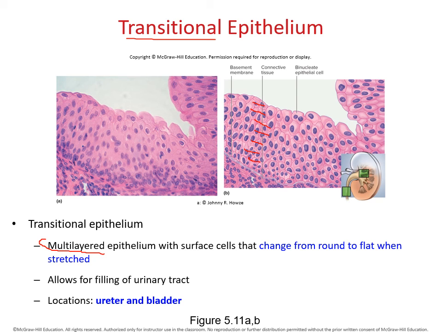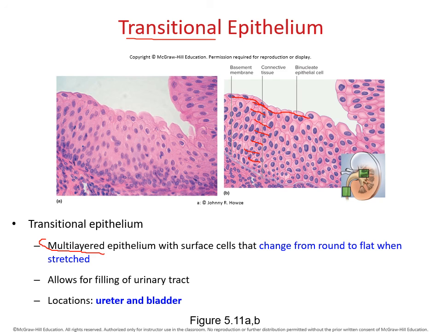Now, why don't we call them stratified? Well, it all has to do with the apical surface, or your top layer of cells. It turns out that the top layer of cells in transitional epithelium have the ability to change their size from round to more of an elongated, stretched out view. We're going to find this in areas that will give it a little bit of stretch.